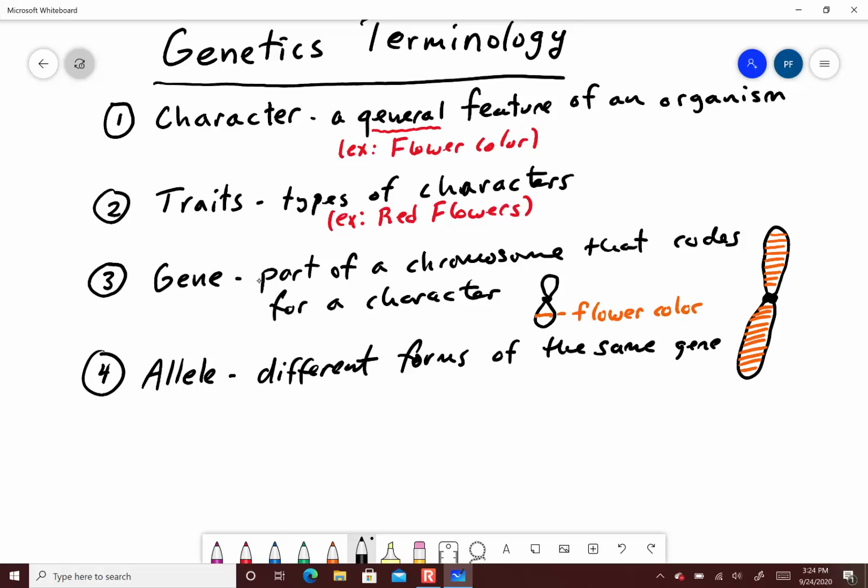The character is still going to be flower color, but maybe one gene says red and one gene says white. That difference in color gives us different alleles, different genes that are for the same character but tell us different things.